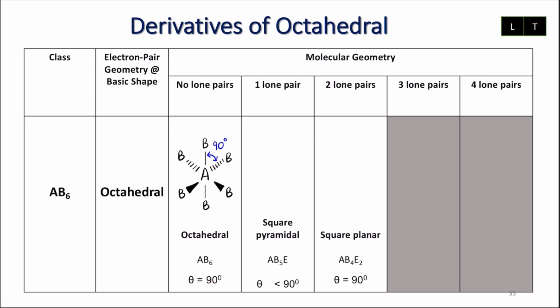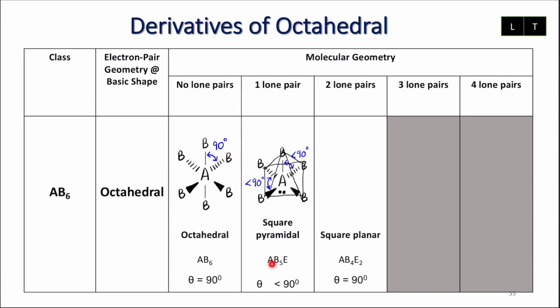However, when I replace one of the bonding pairs, for example, I took it from here, I replace this bonding pair with a lone pair, so I will have another shape which is square pyramidal. It's just like you have a square shape, and then you have a pyramid. So that's why the name of it is square pyramidal.